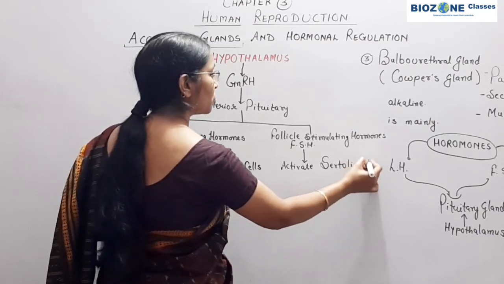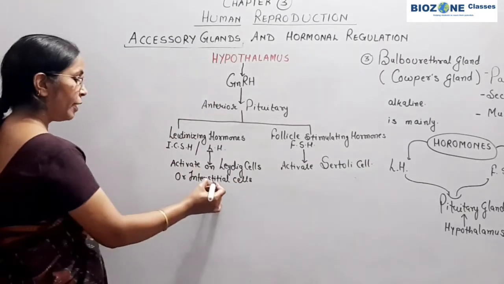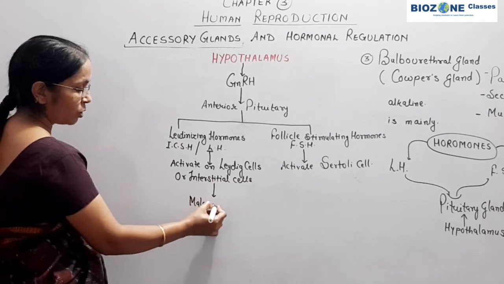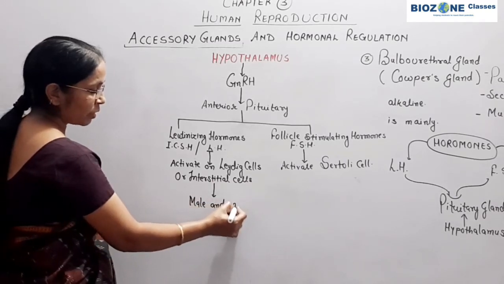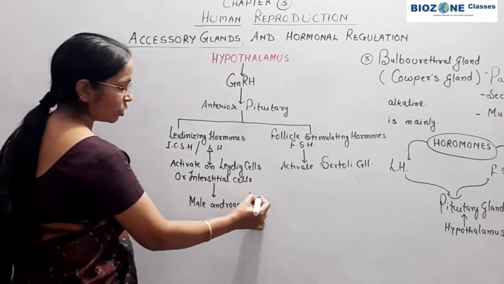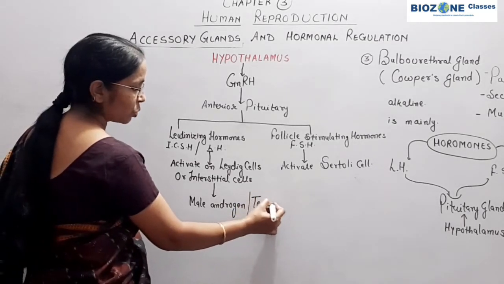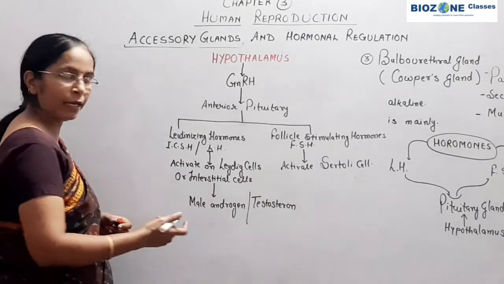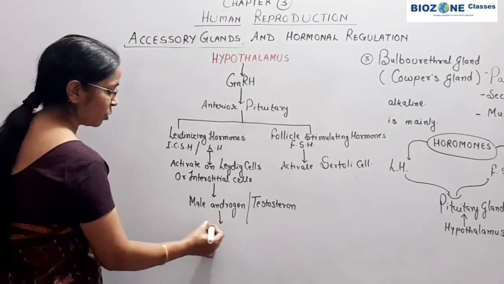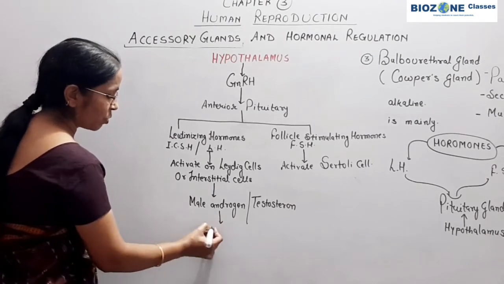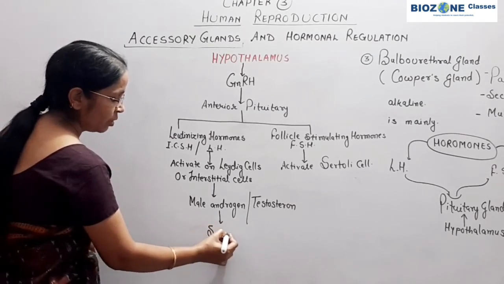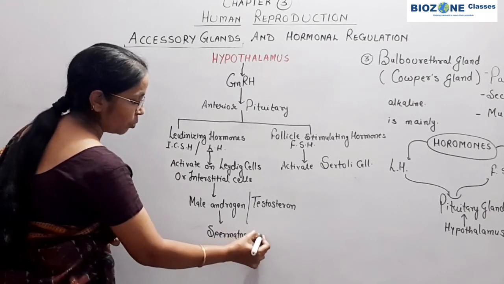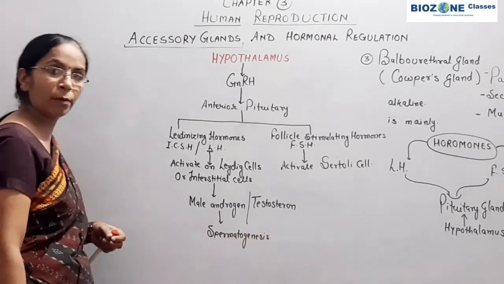In response to LH, Leydig cells start to produce the male androgen, that is called testosterone. This testosterone, the male androgen, is mainly responsible for the process of spermatogenesis. So the process of spermatogenesis begins in human beings. This part you remember very well.